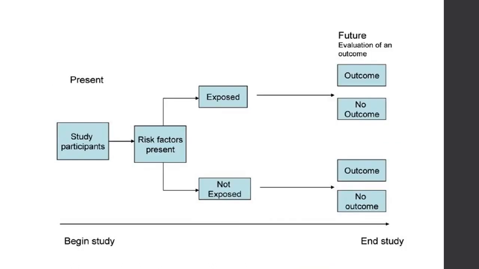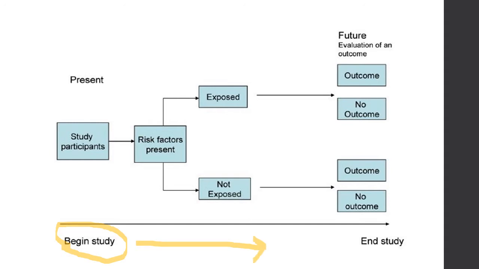If we come to look at this diagram, it summarizes to us a cohort study design. So if you can look at the left side of the screen, here it says the beginning of the study. So we are moving in this direction in our study.